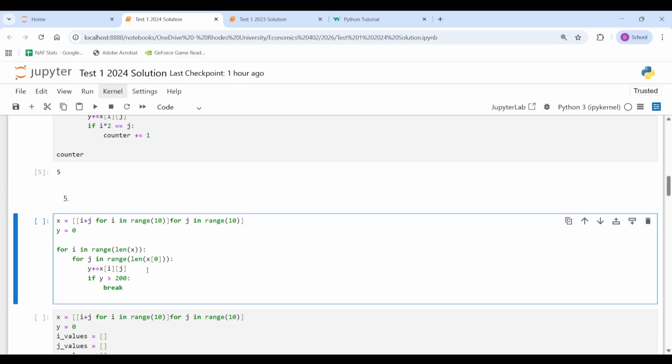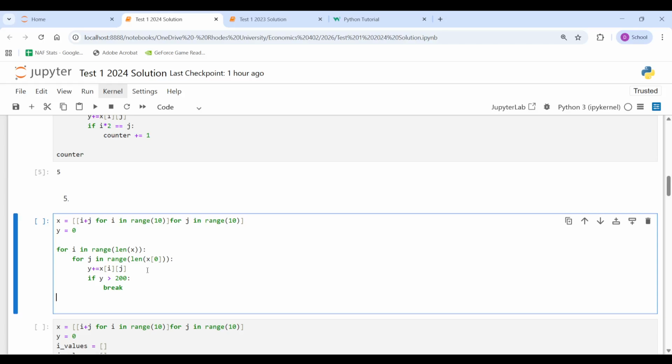So then what do we want it to return? So I wanted to say it's I equals what? Something like that, right?